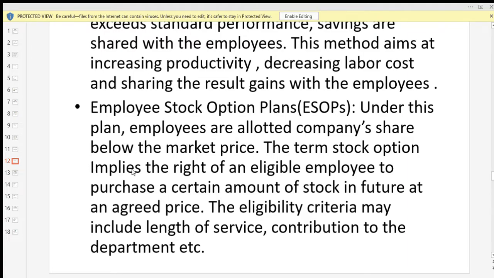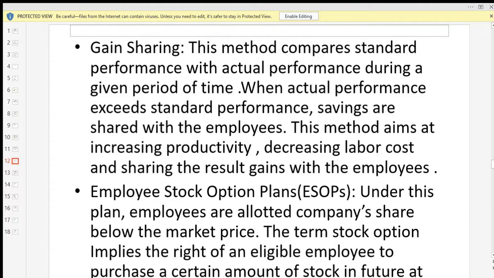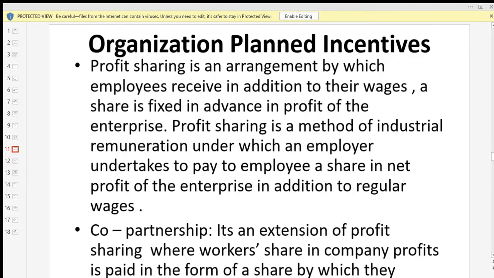So you allow employees to buy shares in the organization at a lower price. So those are the organization planned incentives: employee stock option plans, gain sharing, profit sharing, and co-partnership.